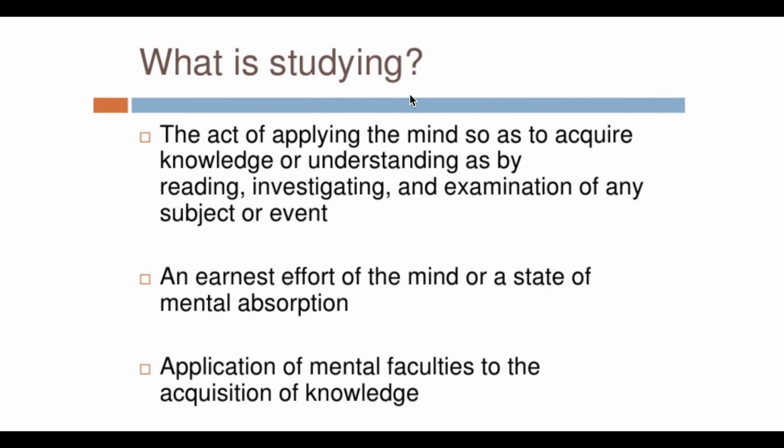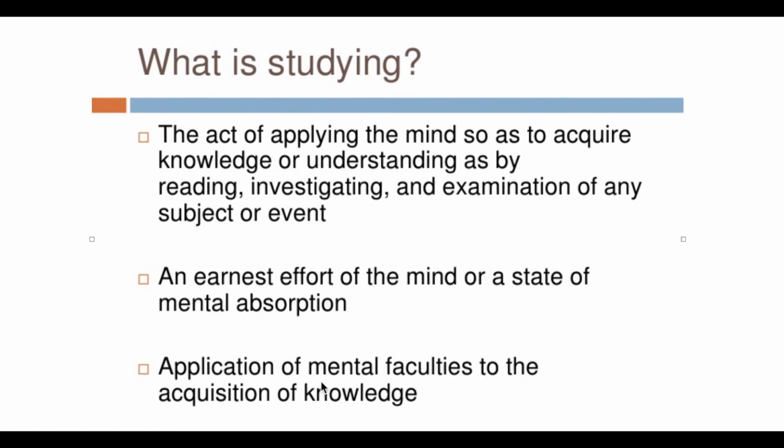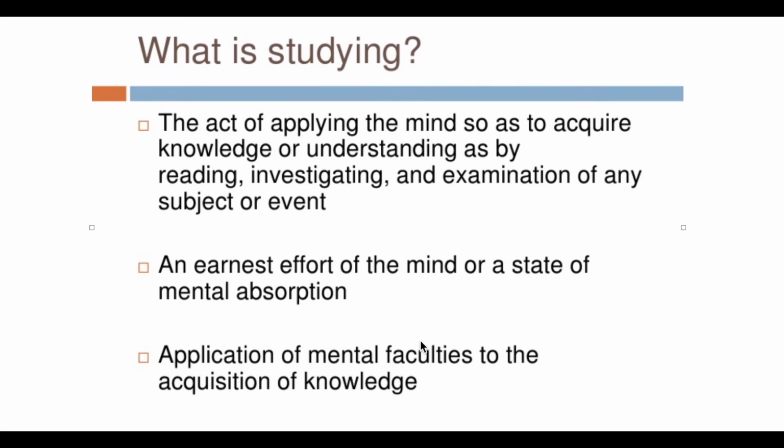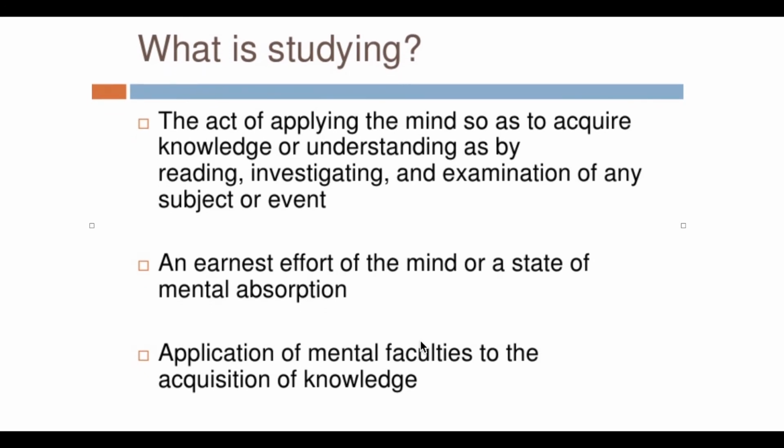So in the broadest sense, this is the acquisition of knowledge. So we study in order for us to learn. Memorizing is a different thing, but memorizing is part of studying. We do study by memorization, but it doesn't mean that if you memorize something, you fully study it.